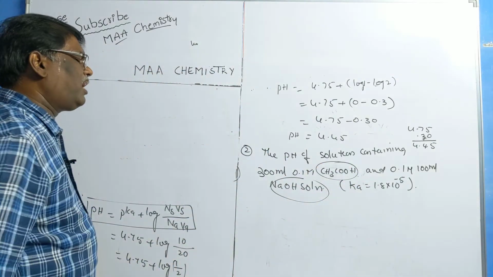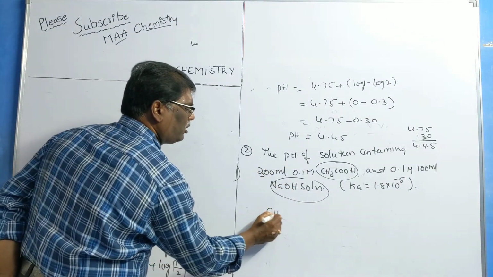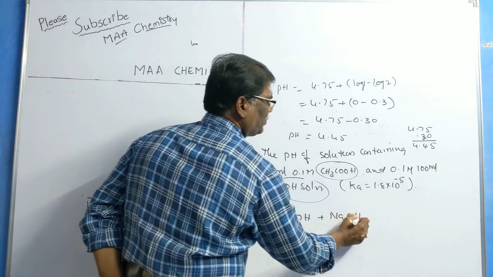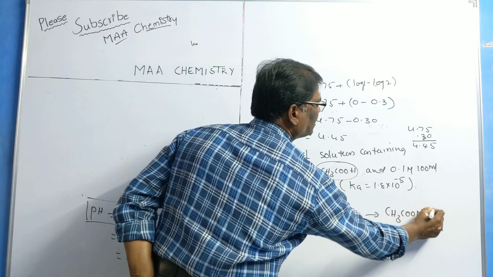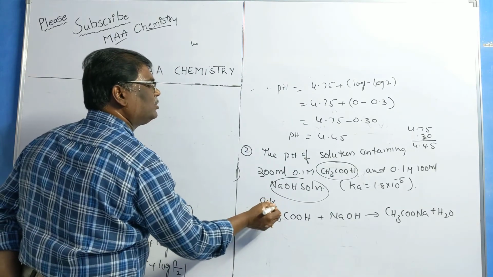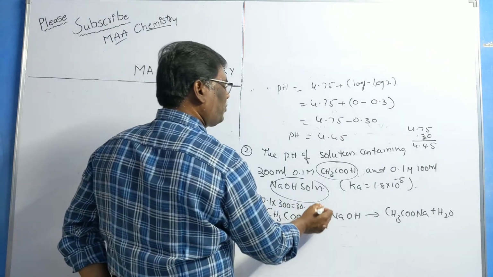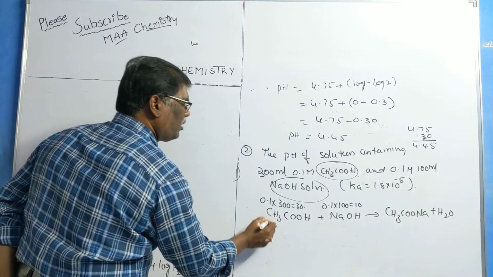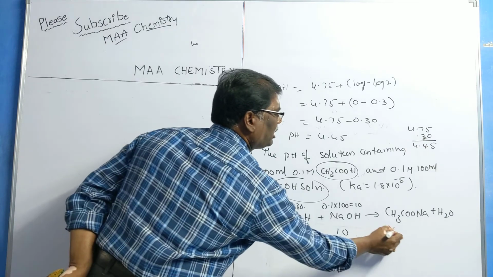So first of all we have to find the strength of the weak acid and the strong base. The weak acid reacts with the strong base in this manner to form the salt and water. Now what is the strength? 0.1 into 300 gives 30 milliequivalents. Here 0.1 into 100 is 10 milliequivalents. Initially the salt is not formed.